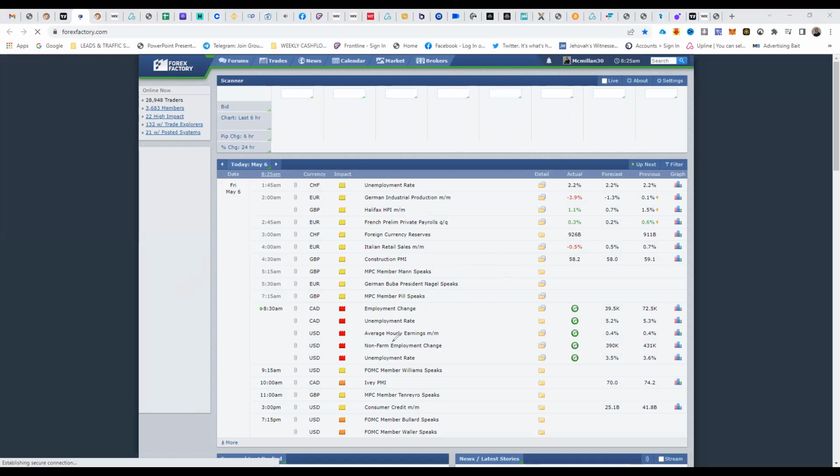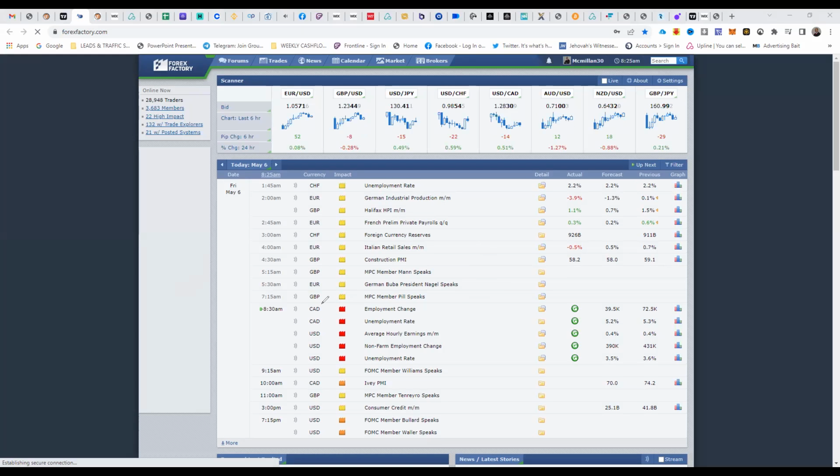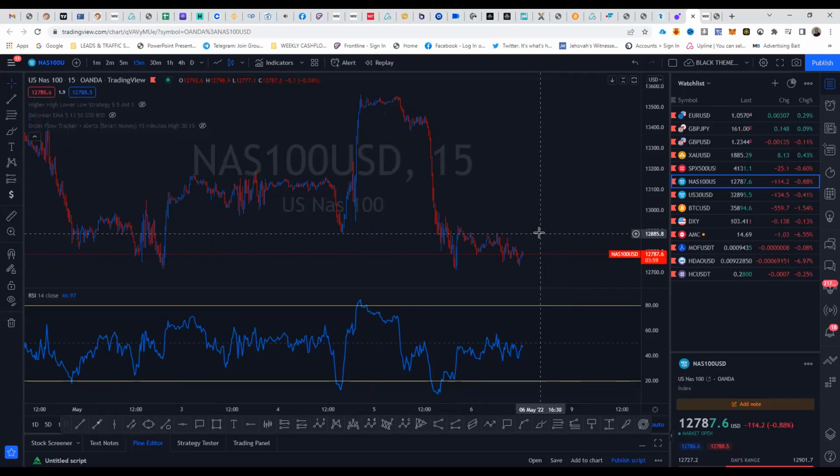There we go. We can see the Canadian dollar and the US dollar is going to be under a lot of major news in about 5 minutes. So we're going to stay clear of those, but I'm going to be trading NAS100, so that's not going to be a problem. So what we're going to do is we're going to go ahead and start.